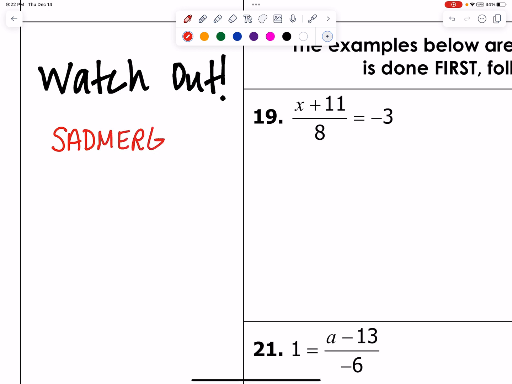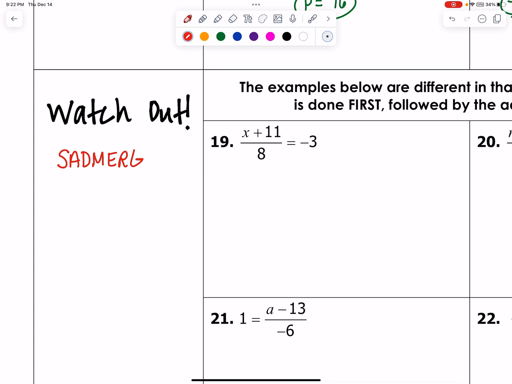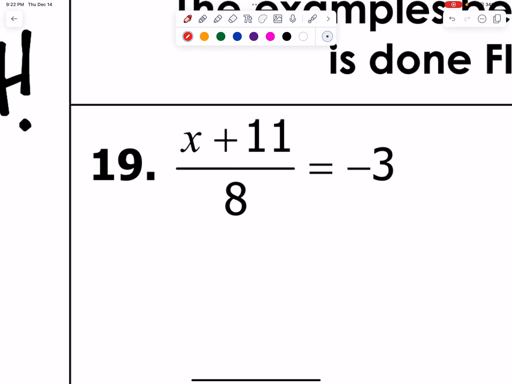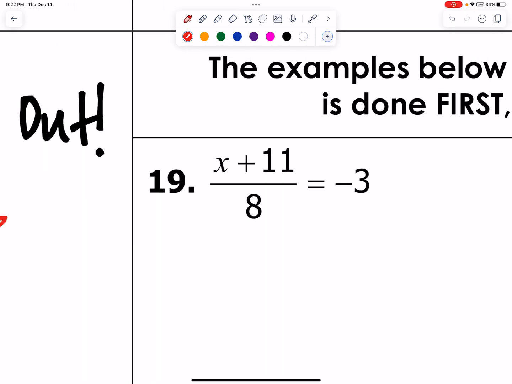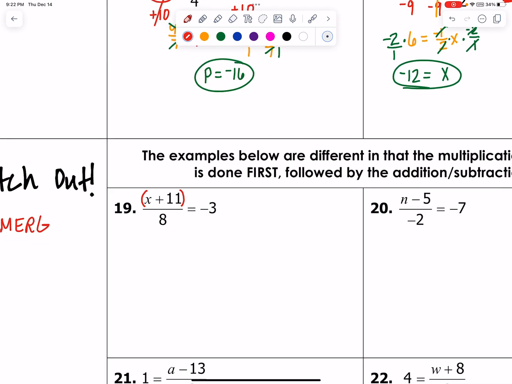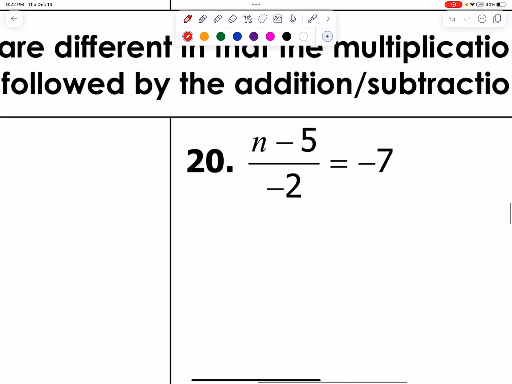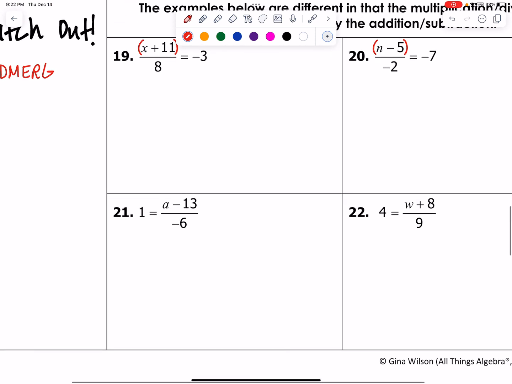Okay, so step 1 is I need you to realize and remember from way, way back before that I said there's hidden secret grouping going on. So when you have a numerator of an expression like this, there's actually parentheses. So I want you to go through here. They're invisible, but they're there. You have to do that whole thing in the numerator before you would do a denominator, okay?